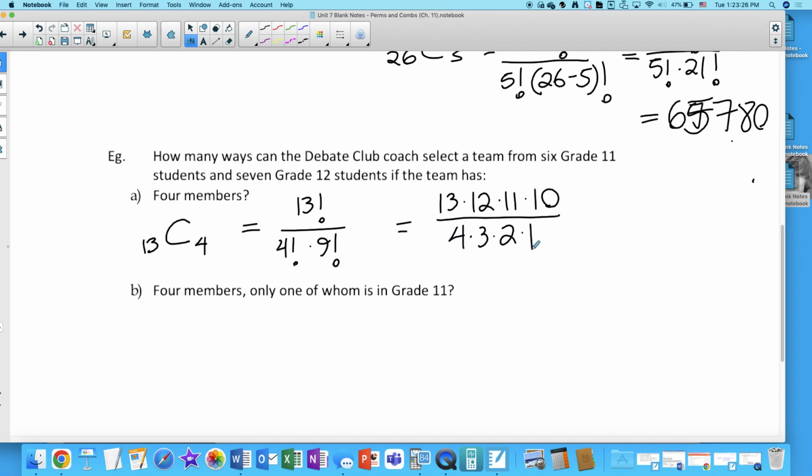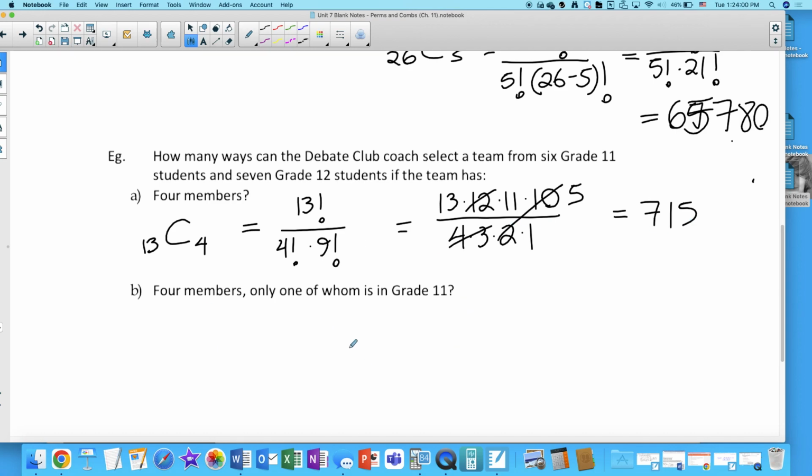And then 4 times 3 is 12, so I can cancel that and that. 2 over 10 would make 5. And then on my calculator, 13 times 11 times 5, which is 55 times 13. That's 715. But you can also just use that button on your calculator.